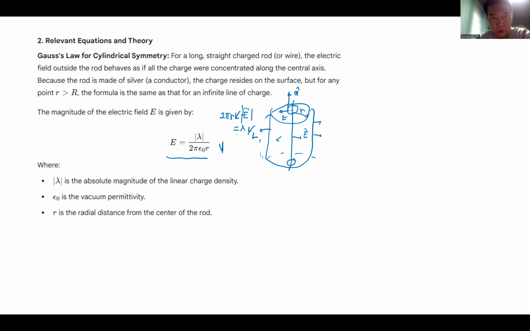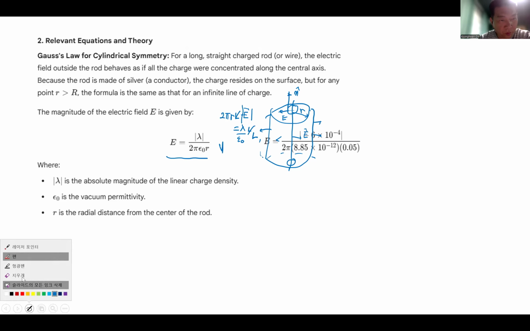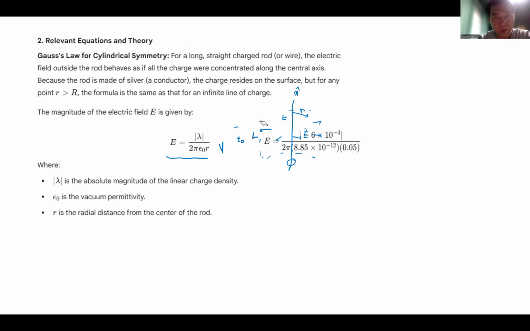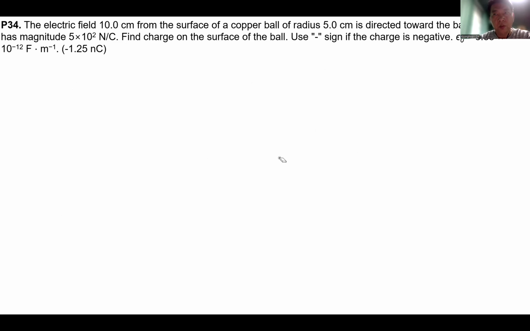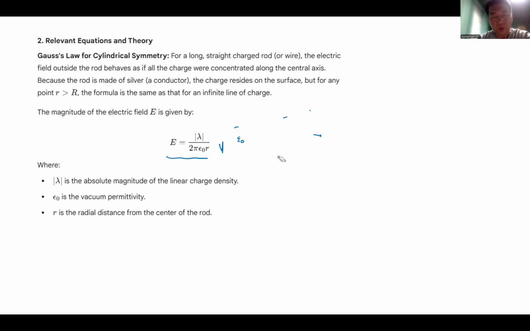Okay, so that's the thing we already know. And then we get the electric field given by this one. Okay, so note that we have used cylindrical symmetry to calculate the electric field.